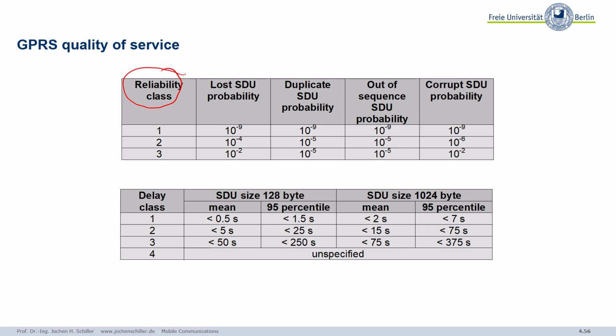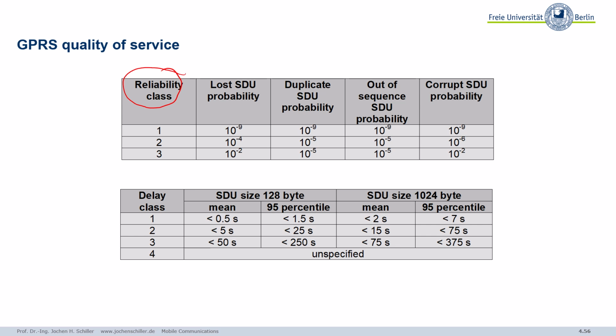So 10 to the minus whatever 5 duplicate probabilities. So it can happen that you lose SDUs, that you have out of sequence SDUs, corrupted SDUs. And you have to correct this on higher layers. So that's different, for example, to circuit switching.